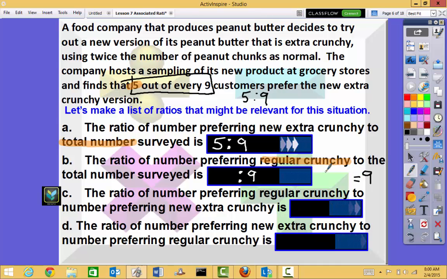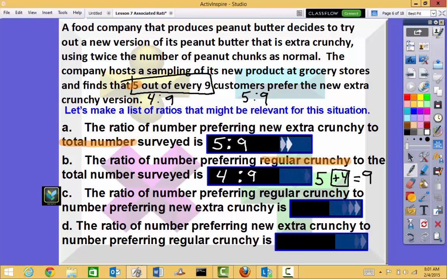My people who prefer extra crunchy is 5. How did we get from 5 to 9? Because there are these missing people here. Well, that's easy. I had to add 4. This 4 represents the 4 people out of 9 who prefer the regular. So this ratio, the number of people who prefer regular to the total, is 4 to 9.